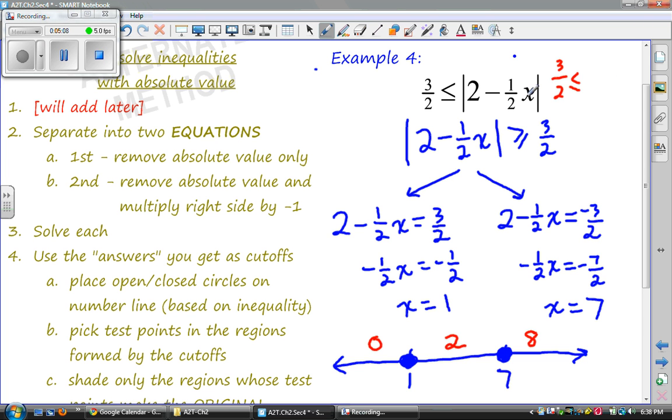If I plug in 0 for x, 0 times 1/2 is 0. 2 minus 0 is still 2. So it's the absolute value of 2, or just 2. Since this is true, I am going to shade the region where 0 came from. So this left side is going to be shaded. And I also have the closed circle.